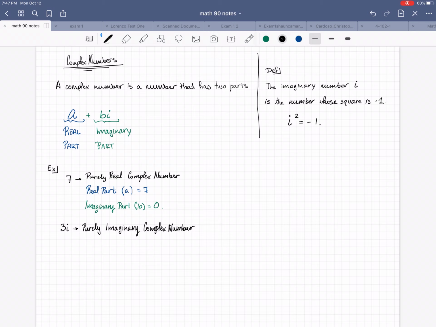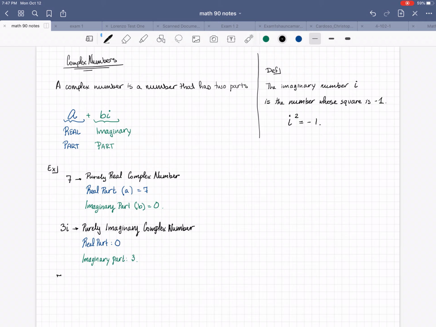So if we were to talk about its real part and its imaginary part, the real part of this number is 0, right? It is purely imaginary, so it has no real part. And the imaginary part is 3.